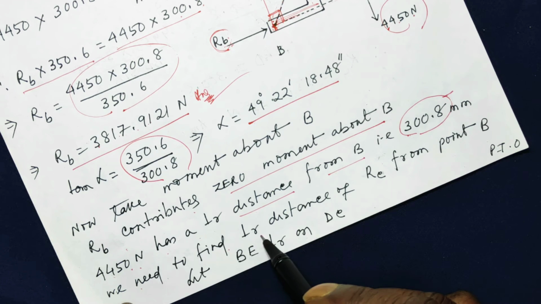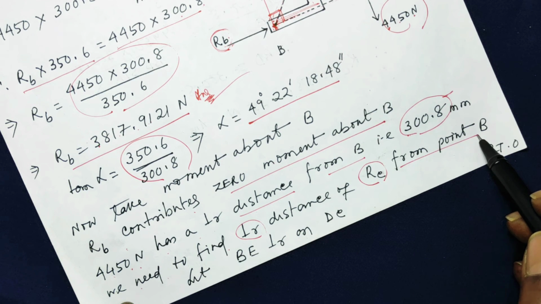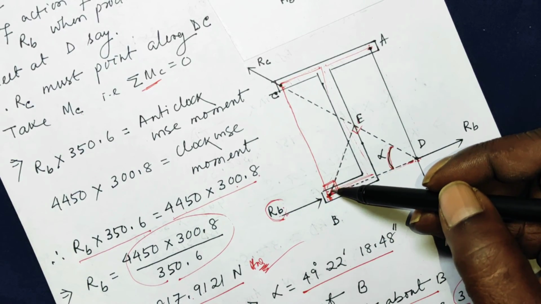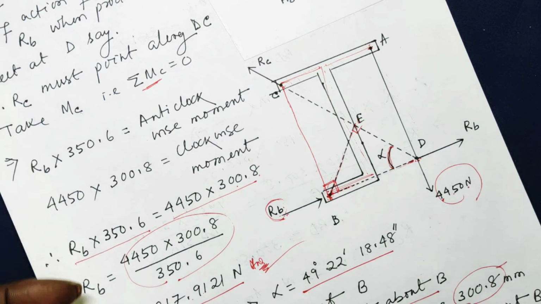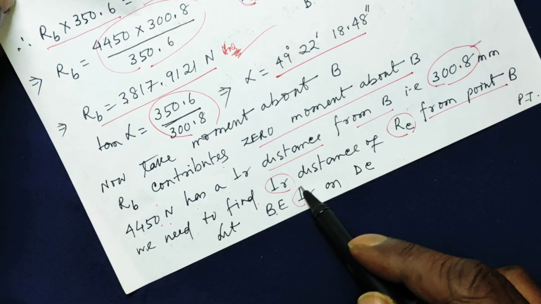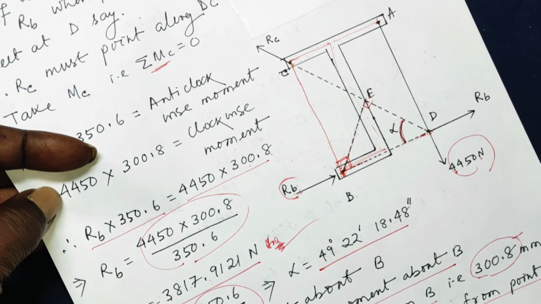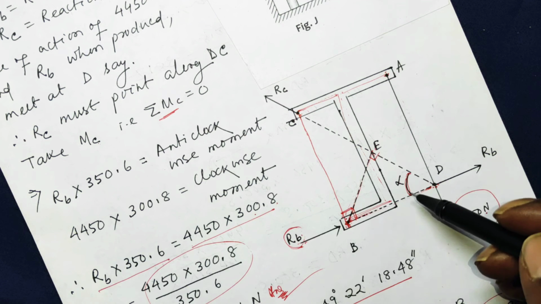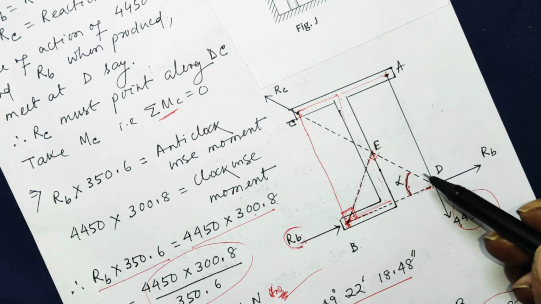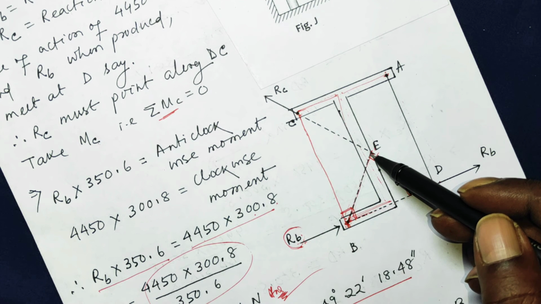We need to find the perpendicular distance of RC from point B. Therefore this perpendicular BE is drawn, let BE be the perpendicular drawn on DC. Now if you take sin alpha, it will be this perpendicular by hypotenuse. So by cross multiplying, BE can be found out.